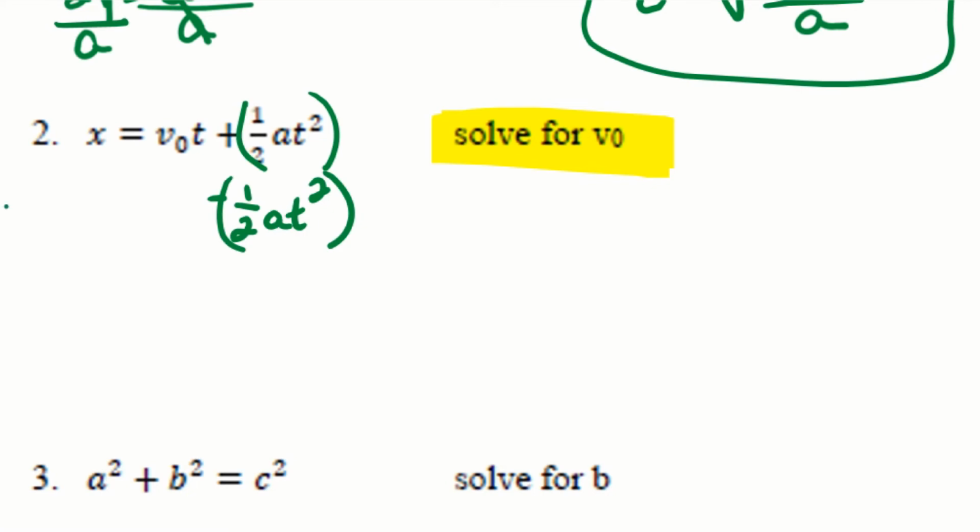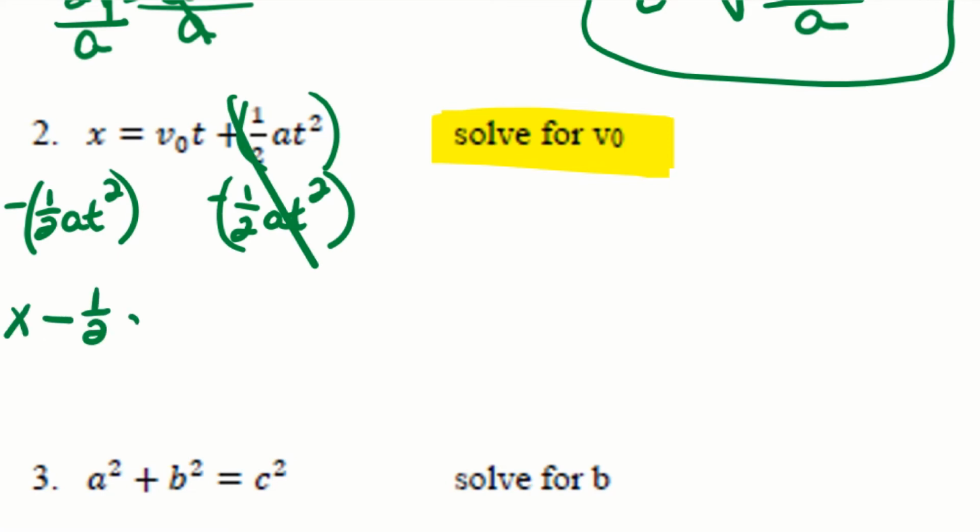So that would give me, so I'm subtracting it on both sides. So these would cross out, and that would give me x minus 1/2 at squared equals V initial times t. Now, I want to get rid of the t. I want to leave the V initial by itself.